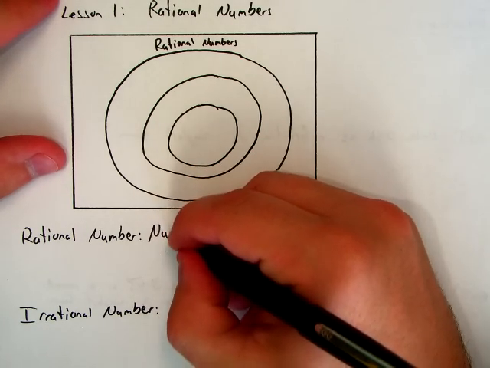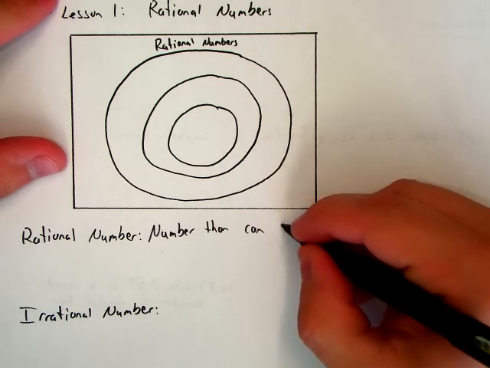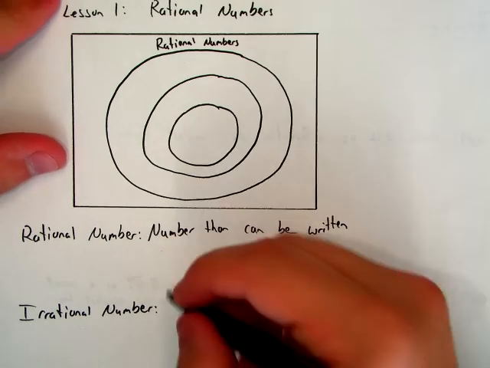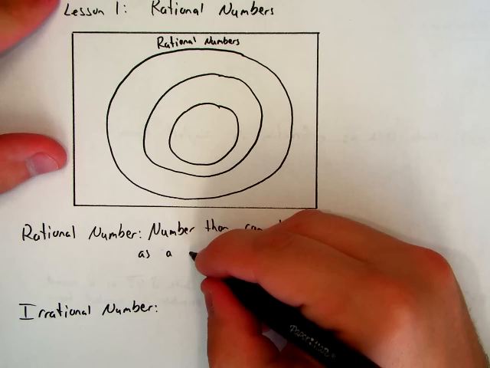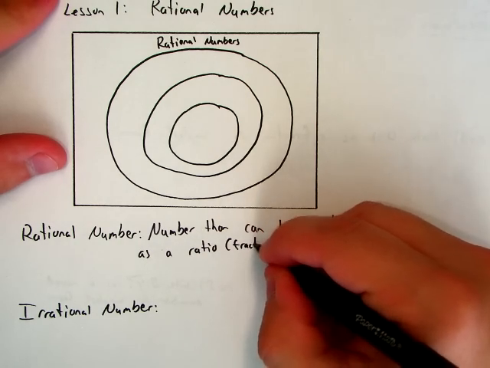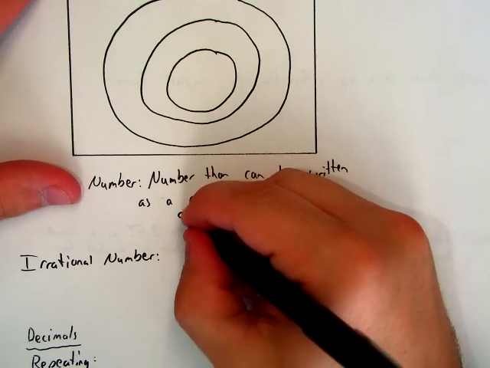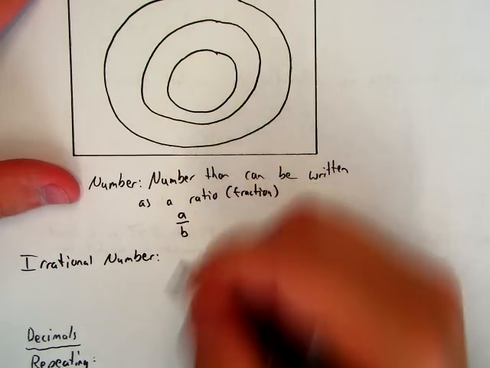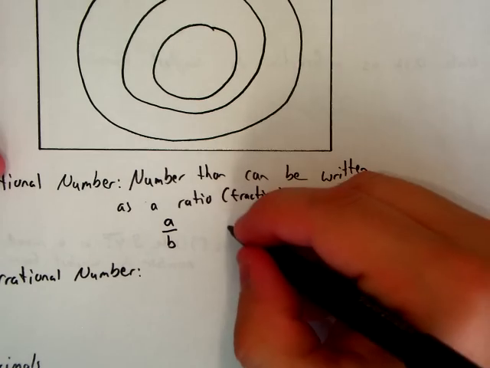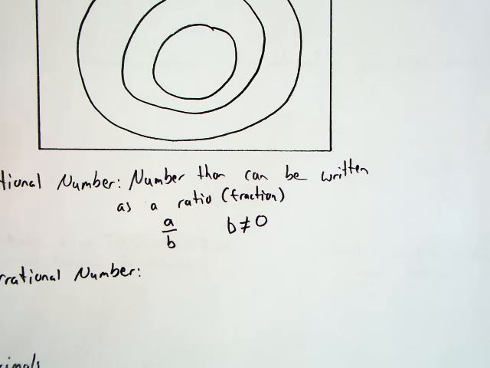A rational number is a number that can be written as a ratio, which is a fraction, in the form of A over B, where A and B are any number, but B is not equal to 0.